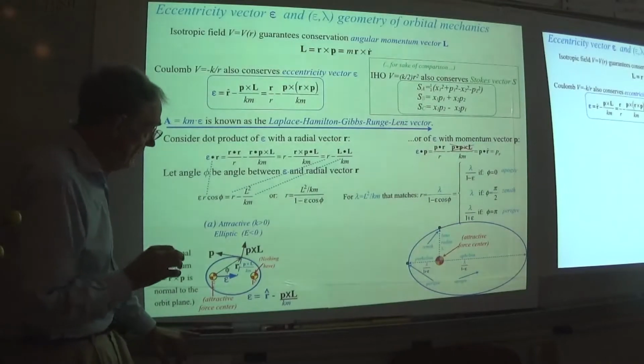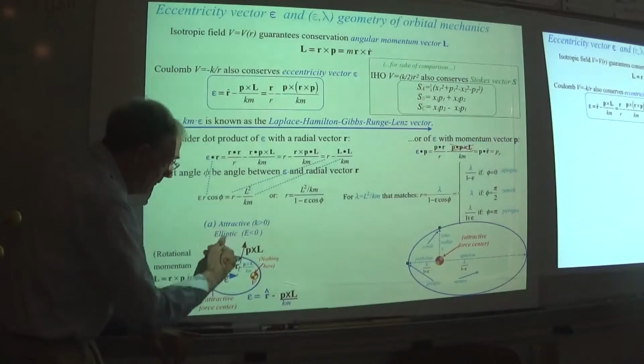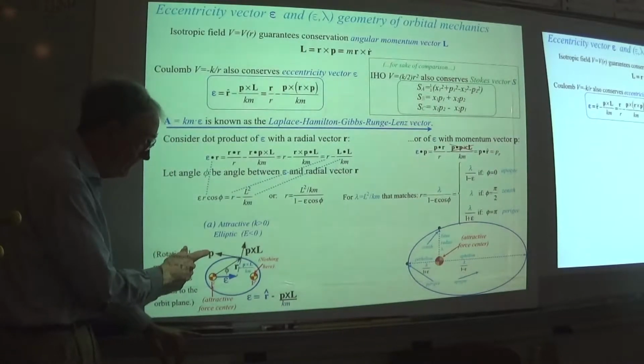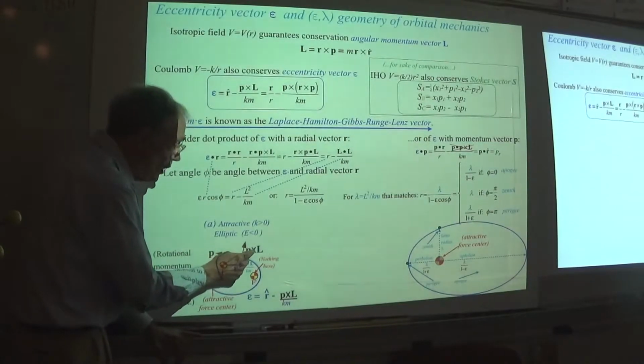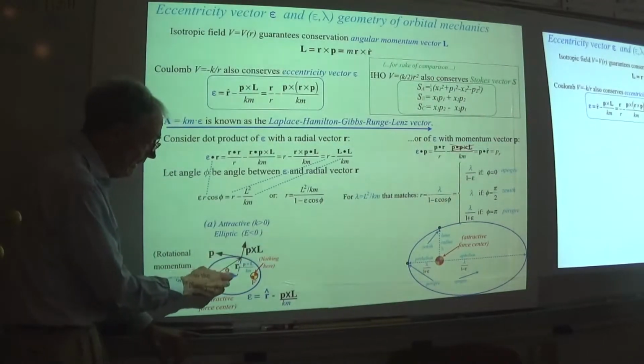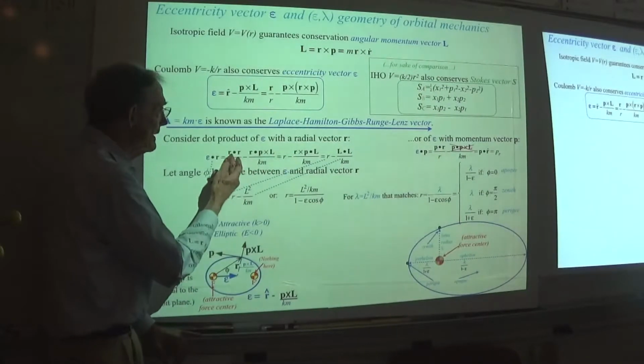But the basic idea is here is P cross L. If that's P, the linear momentum right there, that's the P cross the angular momentum, and then there's R. You kind of see how these things go together.